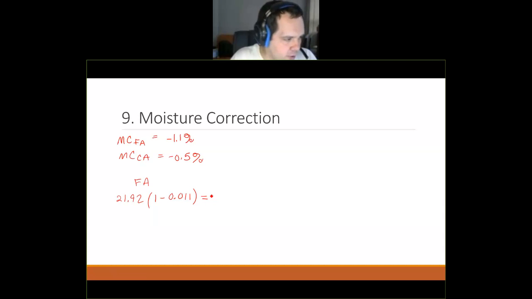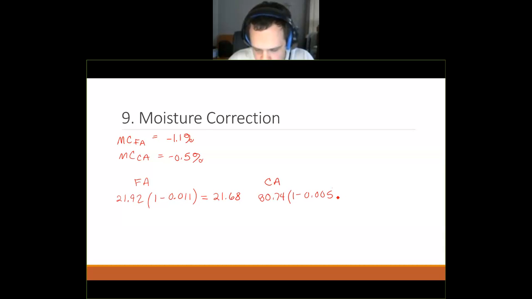And that corrected fine aggregate quantity is going to be 21.68. Then I'm going to do the same thing with my coarse aggregate. Only here we have a lot more of it, so it's going to be 80.74 times 1 minus 0.005. And that's going to give me a value of 80.33.